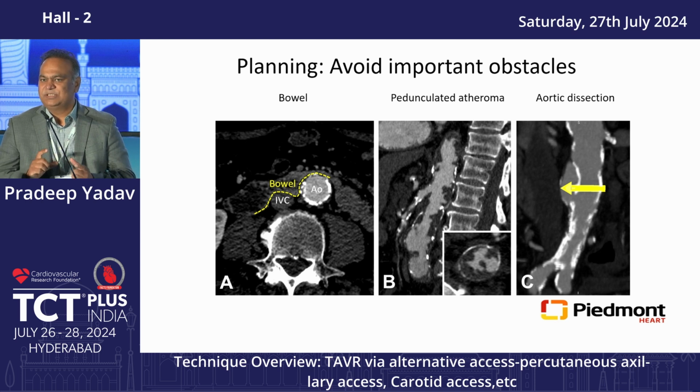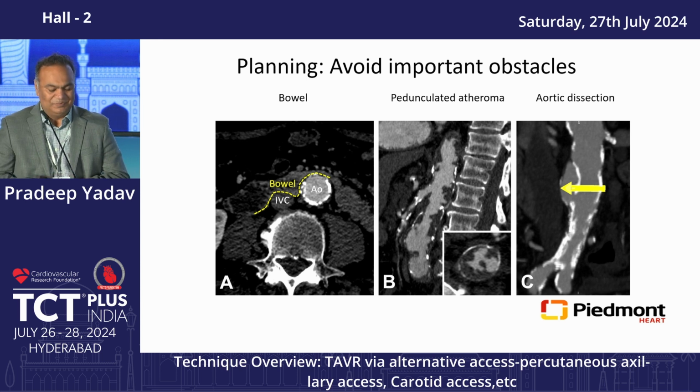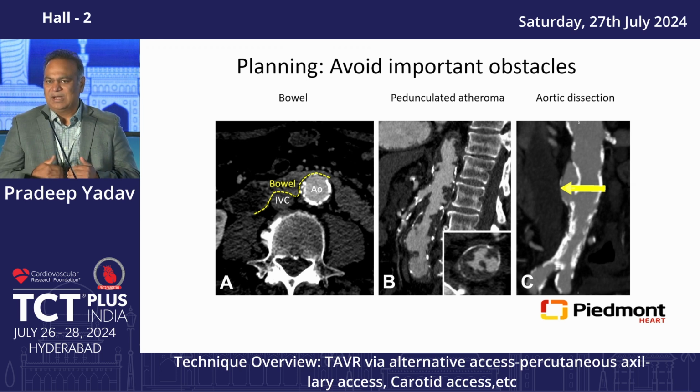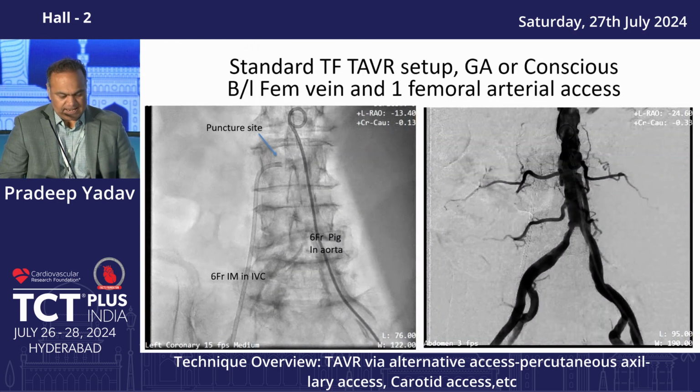So right in that L2, L3 area, you can pick any spot that does not have calcium on the IVC side of the aorta. You want to stay away if there is a bowel every once in a while in the middle or massive atheroma in the aorta. Sometimes you'll see these calcified dissection flaps that will not allow you to nicely oppose your closure device at the end. So stay away from those anatomies.